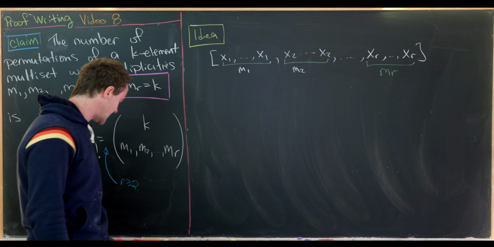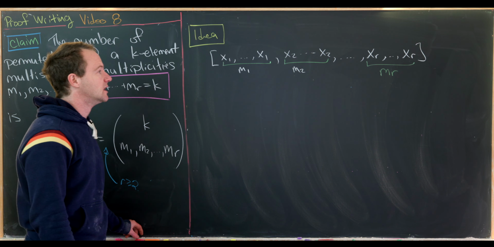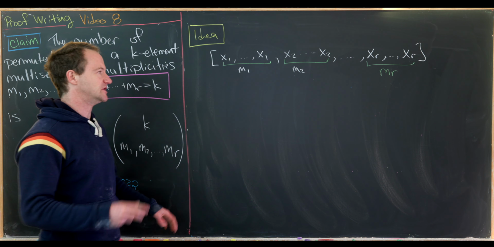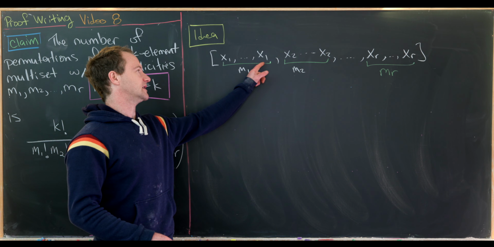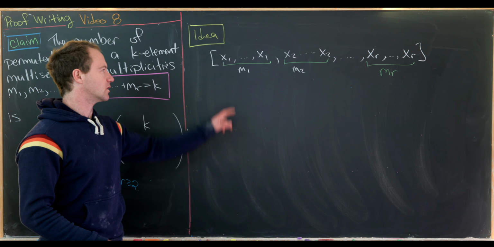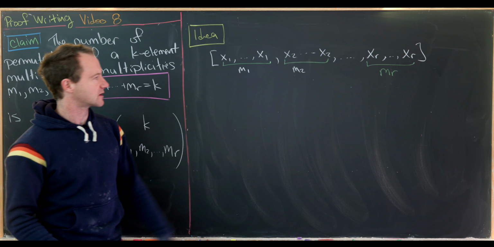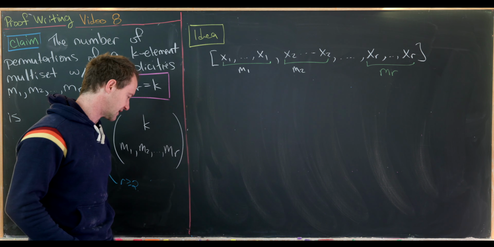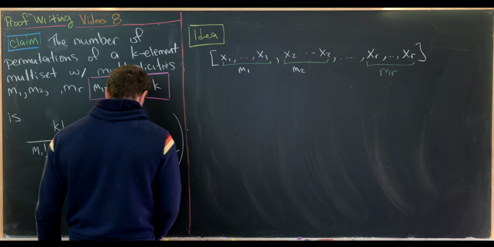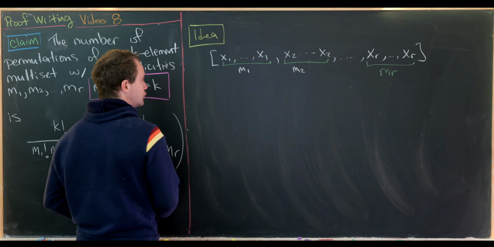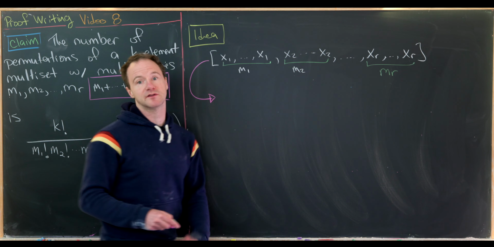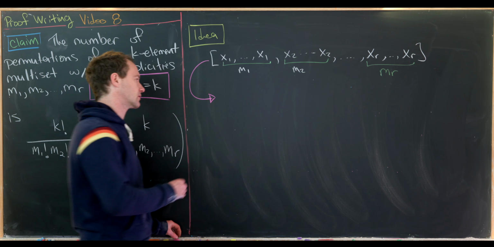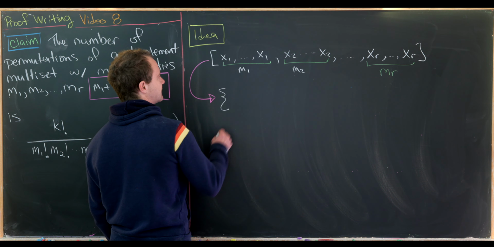So what we'll do is take this multiset and then turn it into a set by doing colorings on each of these like equal elements. So we'll color each of the x1s differently, each of the x2s differently, and so on and so forth. But we'll color them via superscripting. So we'll say like the first color, the second color, and so on and so forth. So that's going to turn into the following set.